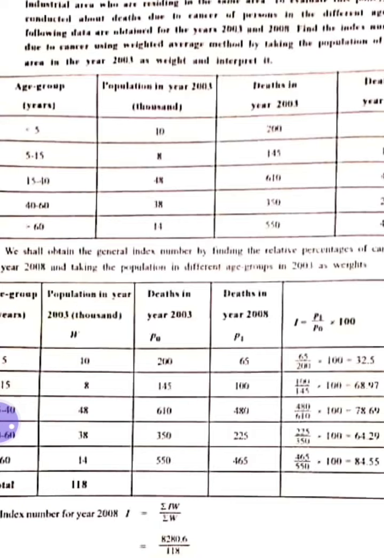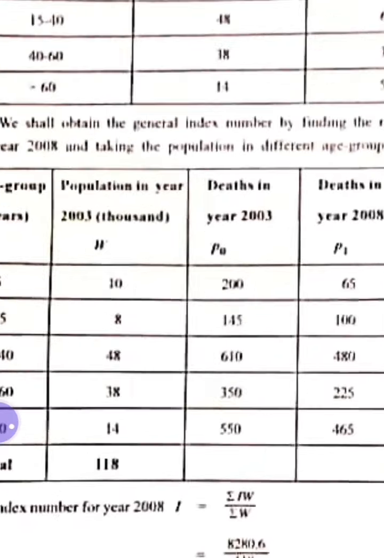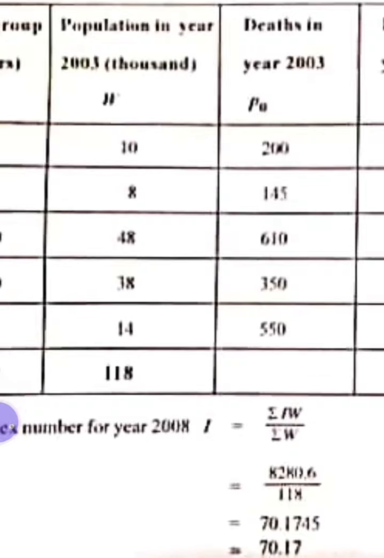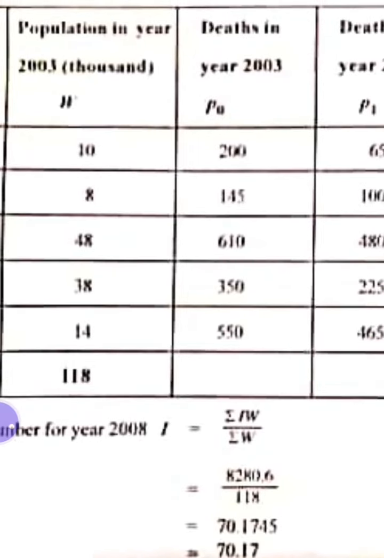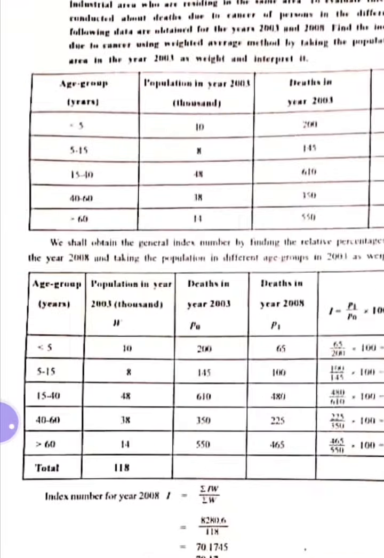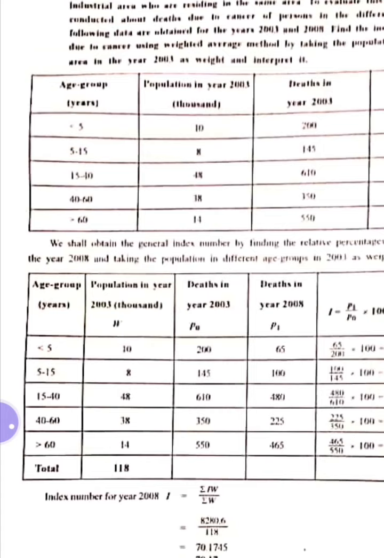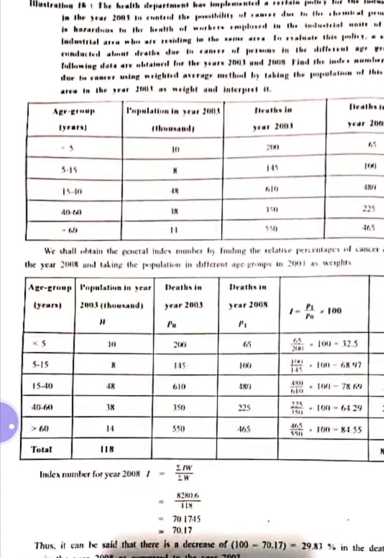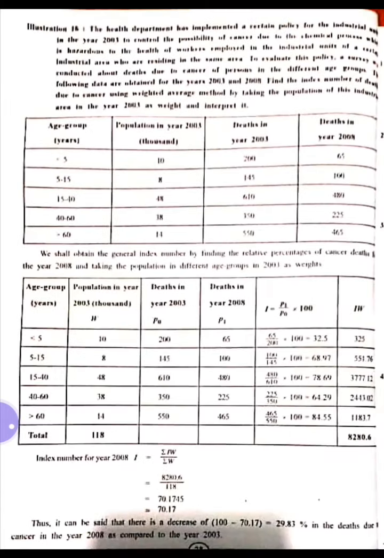As they have told us the weighted average method, our formula for the index number will be sigma IW upon sigma W. Over here you would find that the year 2003 is the base year and the year 2008 is the current year.